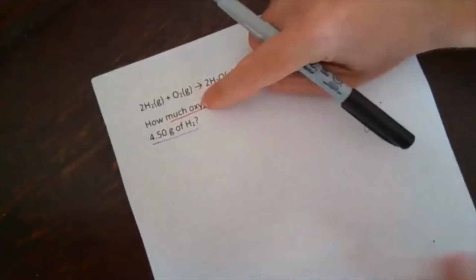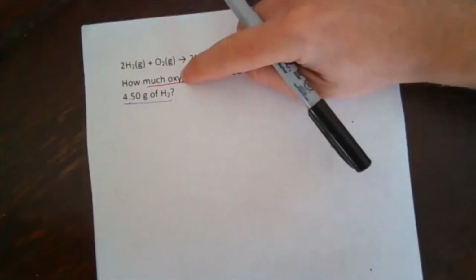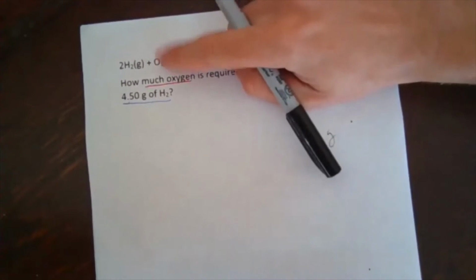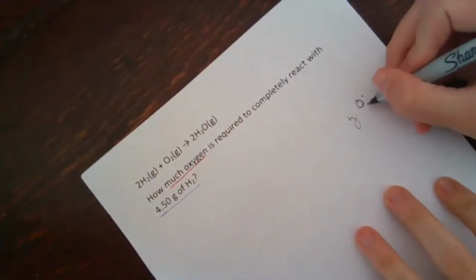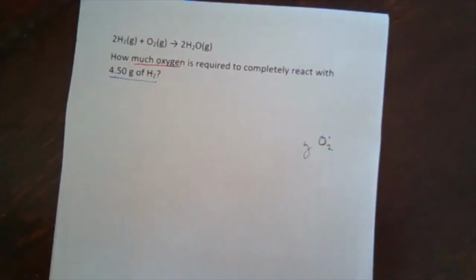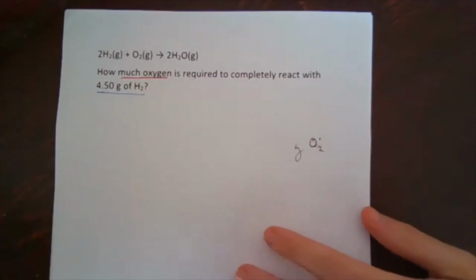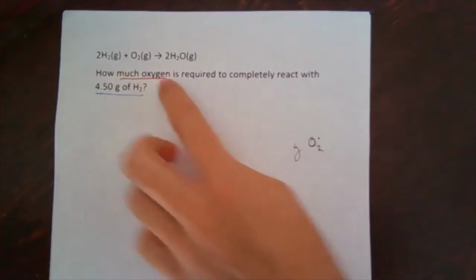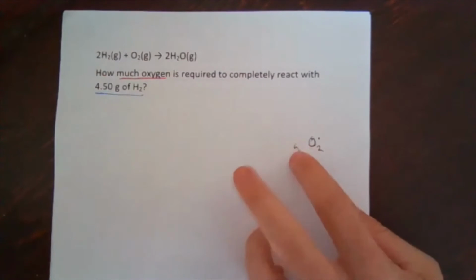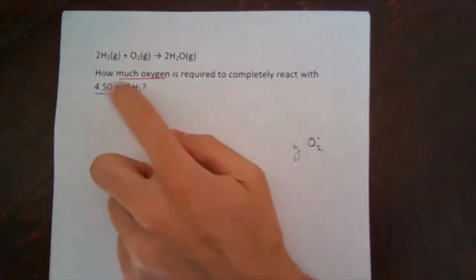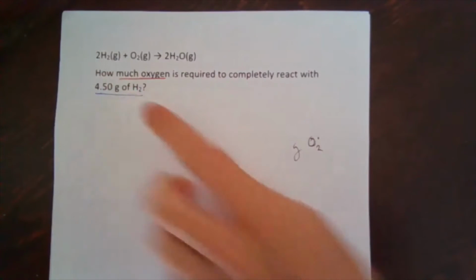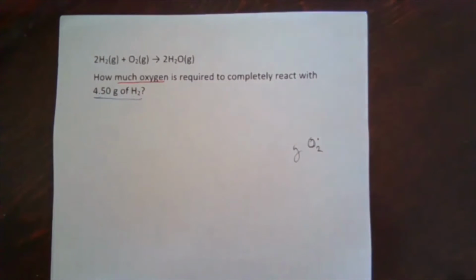And when we see oxygen, we may be tempted just to say O atoms, but we do want to use O2 because that is really what oxygen exists as. Elemental oxygen, remember, is a diatomic. So how much oxygen, our expected unit would be grams of O2. Kilograms would also work with mass, but because we have a grams unit right there, it's likely that we're ending with grams here.